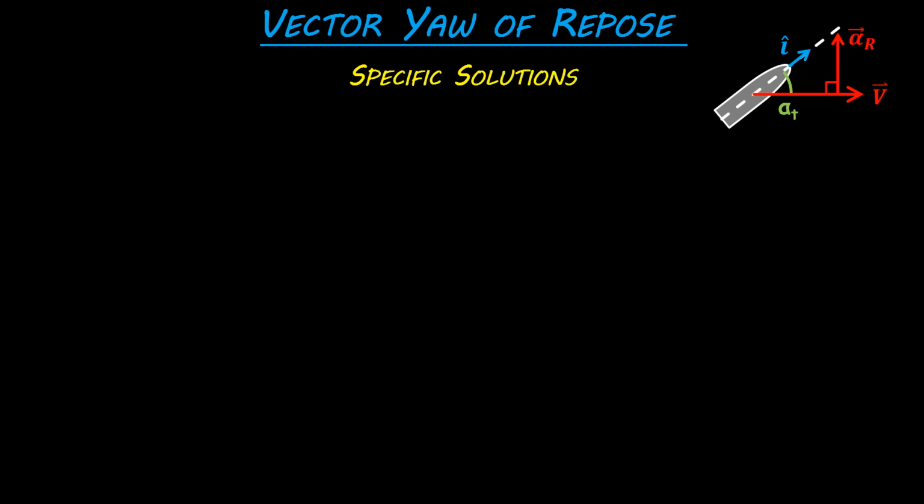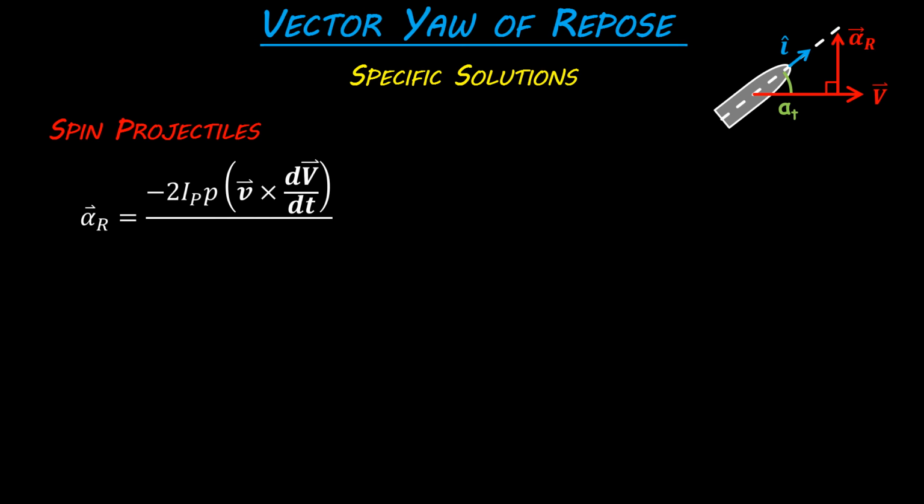Okay, now that we understand what the vector yaw of repose is, we can talk about specific solutions to these problems. So if we have spinning projectiles, spin stabilized projectiles, gyroscopically stable projectiles, then we're going to have equation 9.378, shown here, where we have to take into account what the spin rate is.